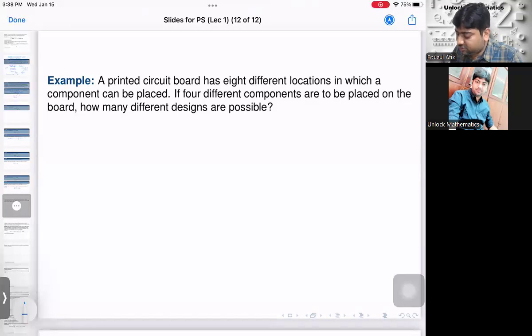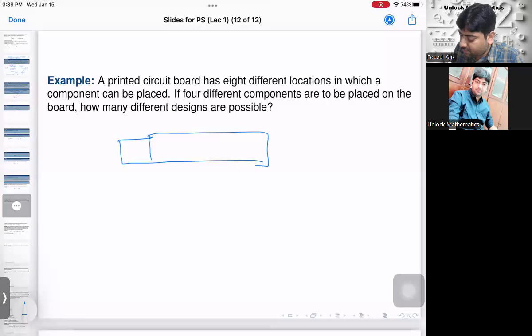See, for each of the components, to assign them their location, you think of them as experiment 1, experiment 2, experiment 3 and experiment 4. So for the first component, how many different choices do you have? You have 8 different locations.